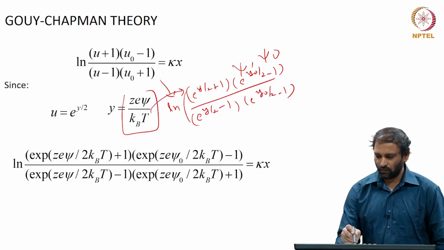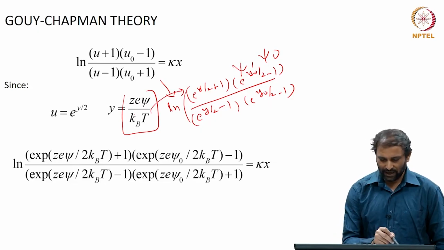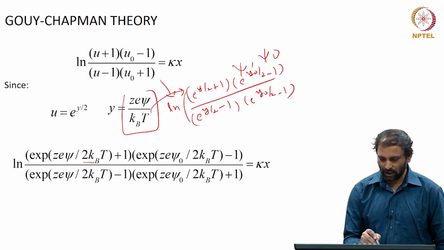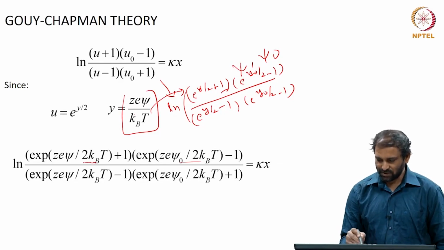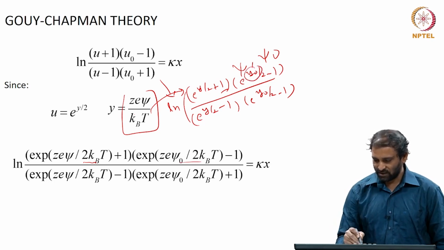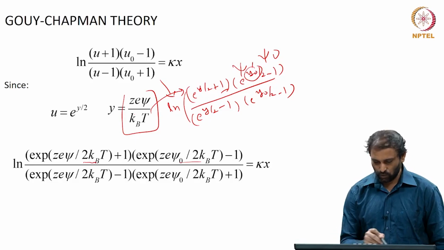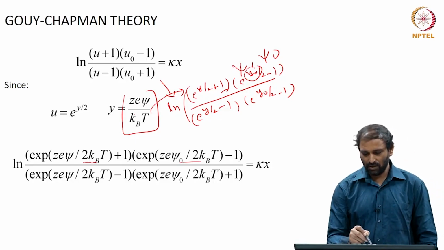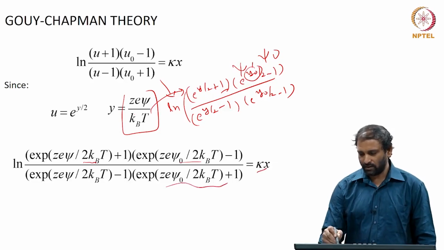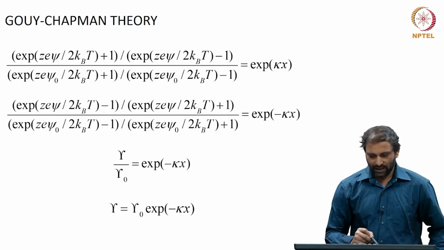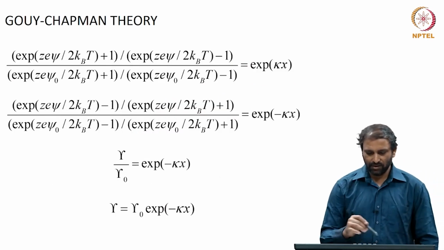So, essentially I end up with ln of (exponent of z e psi divided by 2 kBT plus 1) times (exponent of z e psi naught divided by 2 kBT minus 1), whole divided by (exponent of z e psi divided by 2 kBT minus 1), and that will be equal to kappa x. Again, some simple rearrangements.